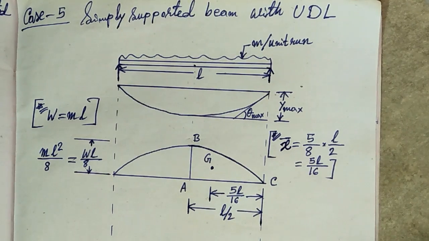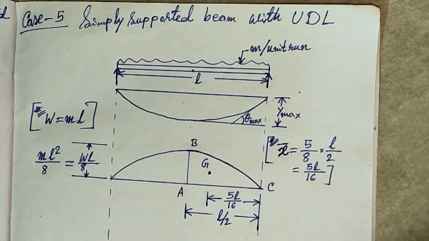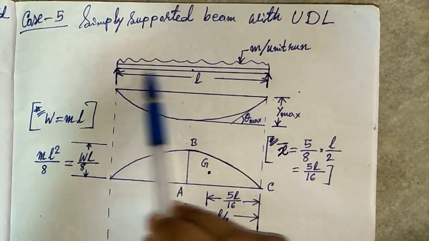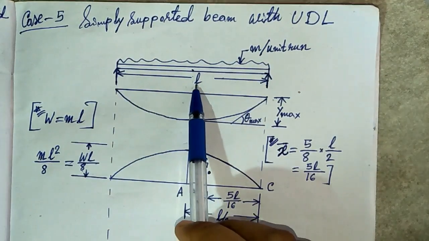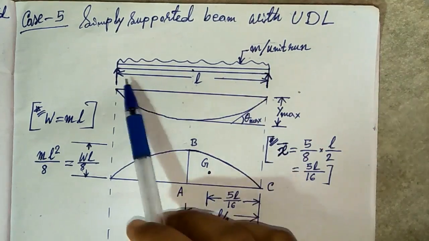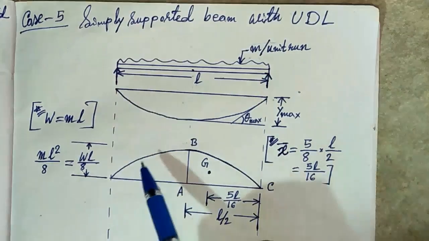This is case 5, a simply supported beam with a uniformly distributed load. The beam is shown here, a simply supported beam of length L, and w per unit run UDL acts over the whole span.